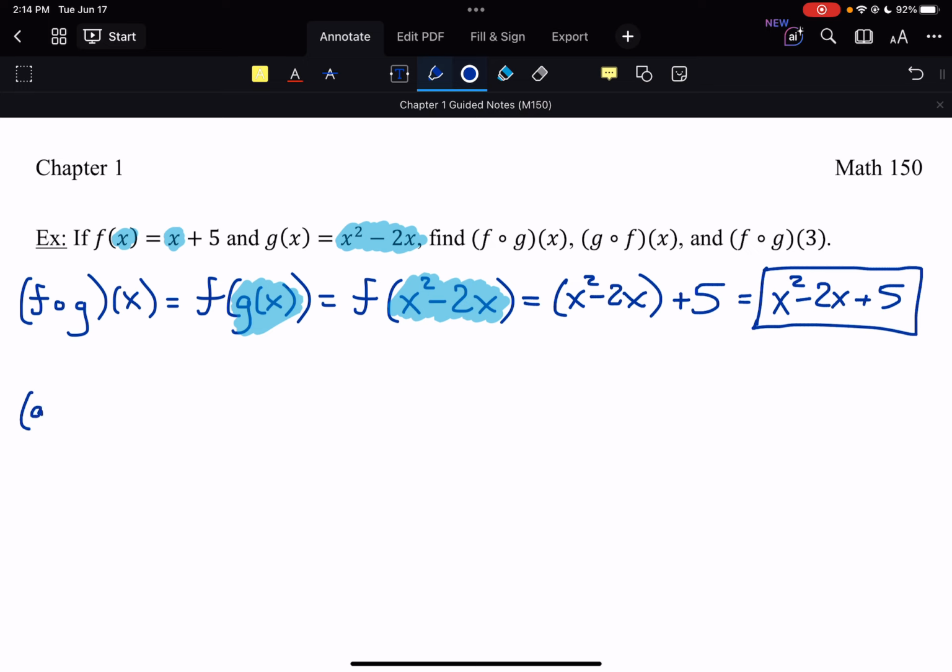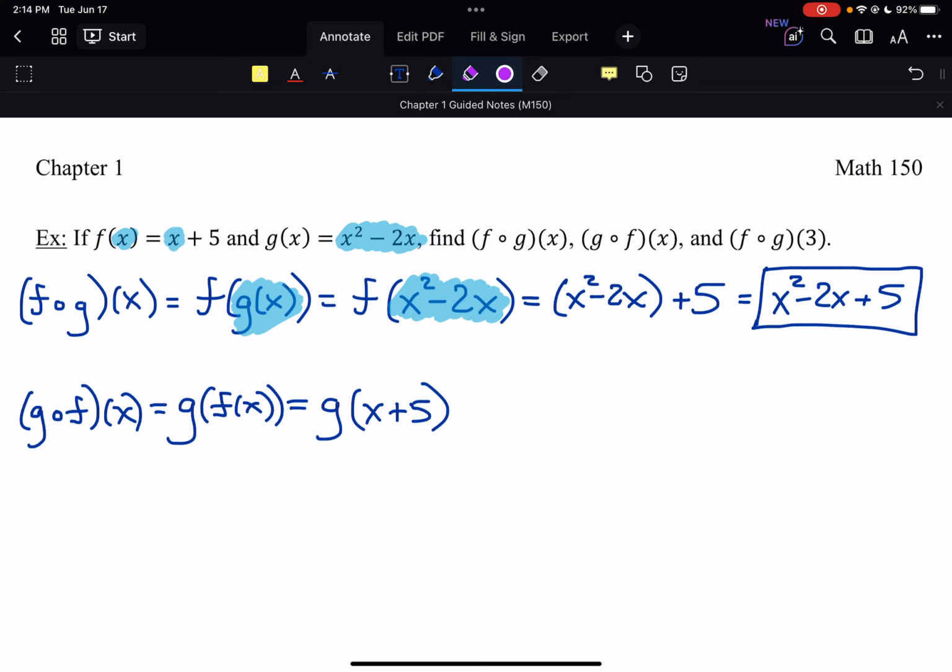And then if we want to find g of f of x, now the roles are reversed. So g is the outer function. Now f is the inner. So x plus 5 is going to go into g. Okay, so x plus 5 now becomes the input. So it's going to replace all of the x's in g.